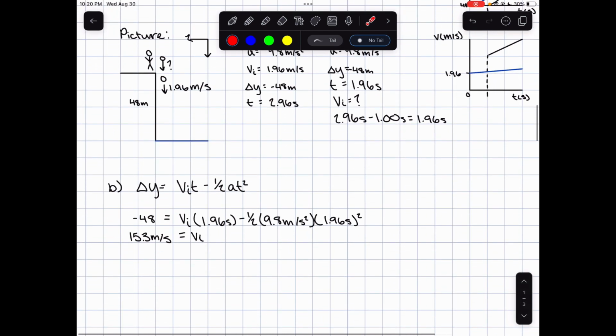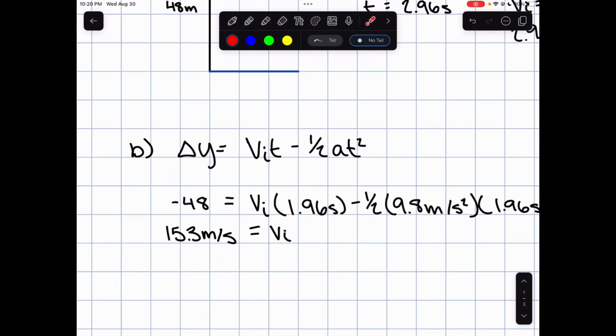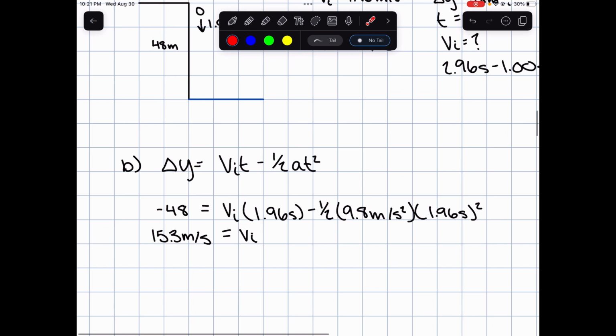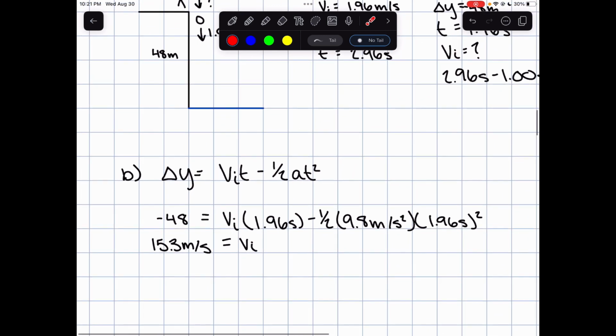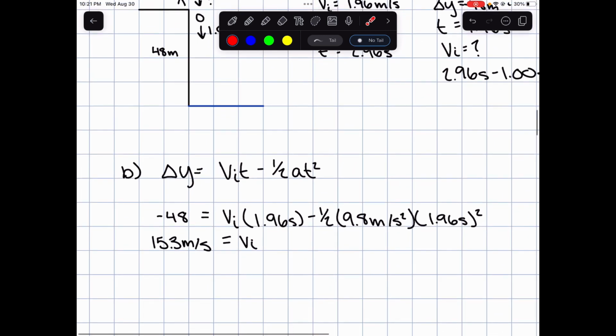Now let's take a look at our equation. Once again, we're going to use the same kinematic equation. Change in position equals initial speed multiplied by time minus 1/2 acceleration multiplied by time squared. Simply, we just have to plug in all of the givens and all the things that we found. We know -48 for change in position.